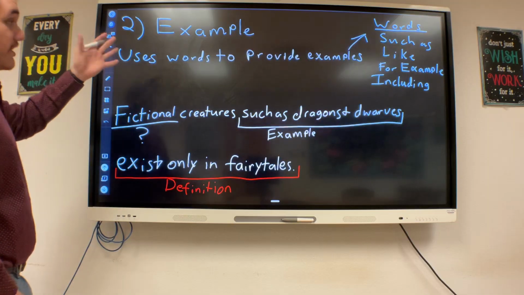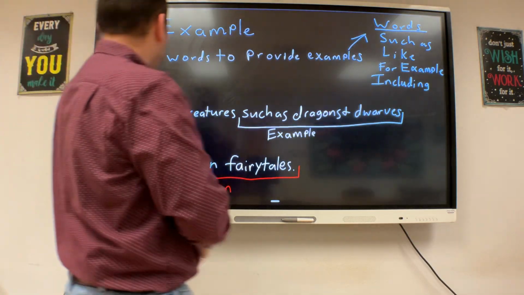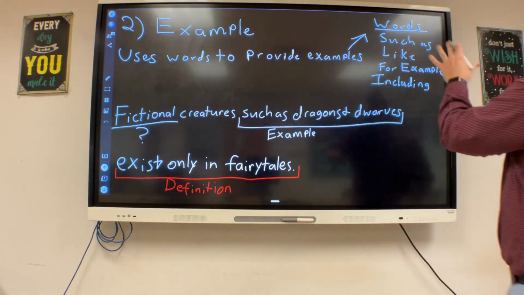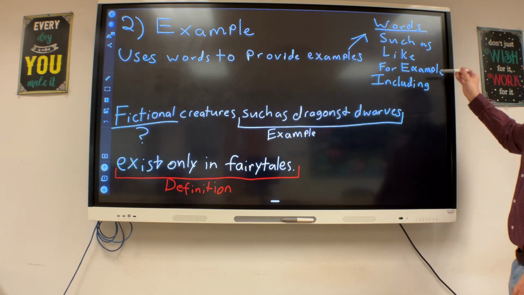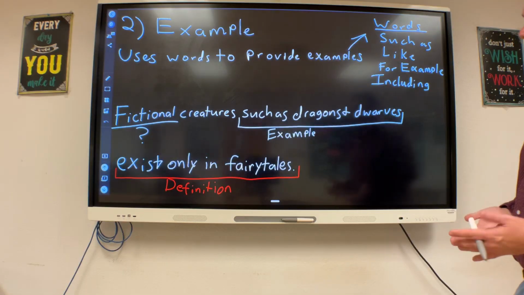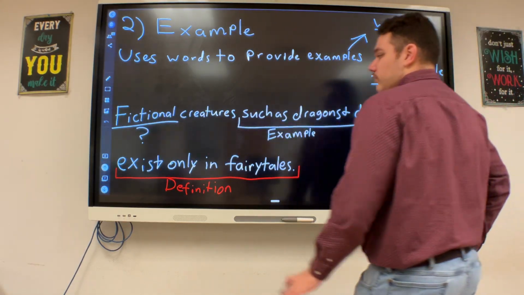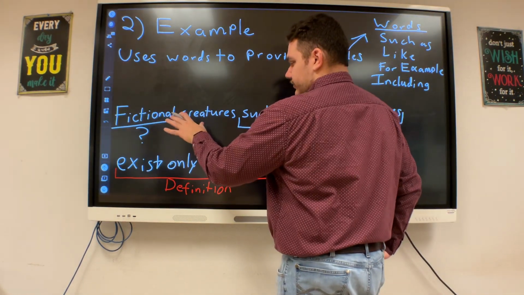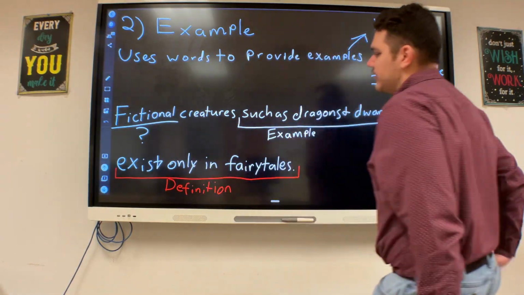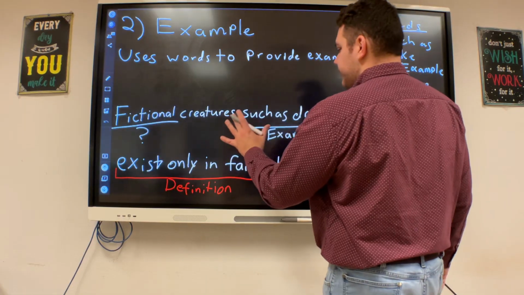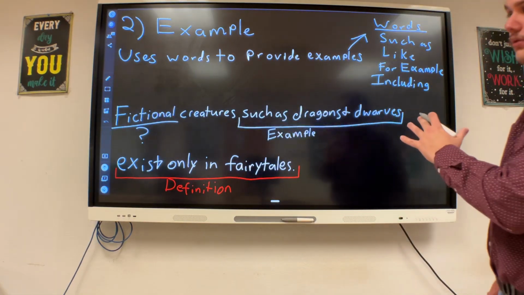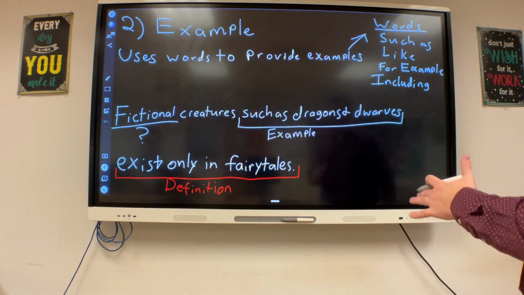Number 2 is just giving an example. They will use some kind of words to provide an example. So you're going to look for stuff like such as, like, for example, including, just anything like that. Right here, our word that we're looking for is fictional. I've never heard of that. I don't know what fictional is, but let me keep reading and see. Fictional creatures such as dragons and dwarves exist only in fairy tales.